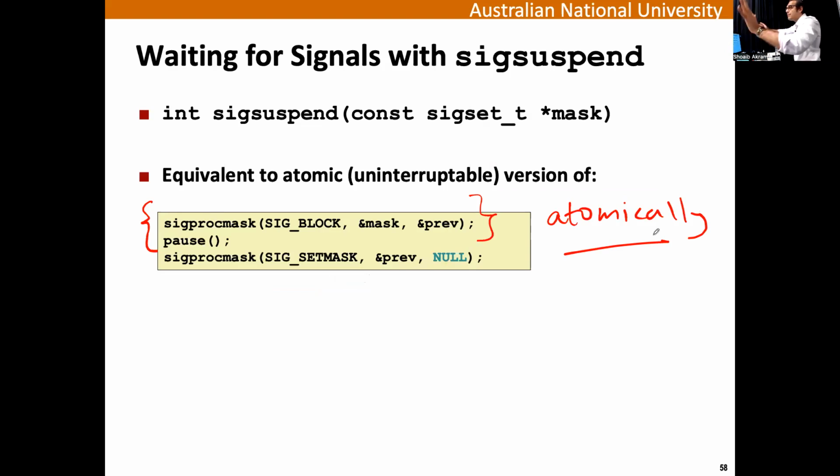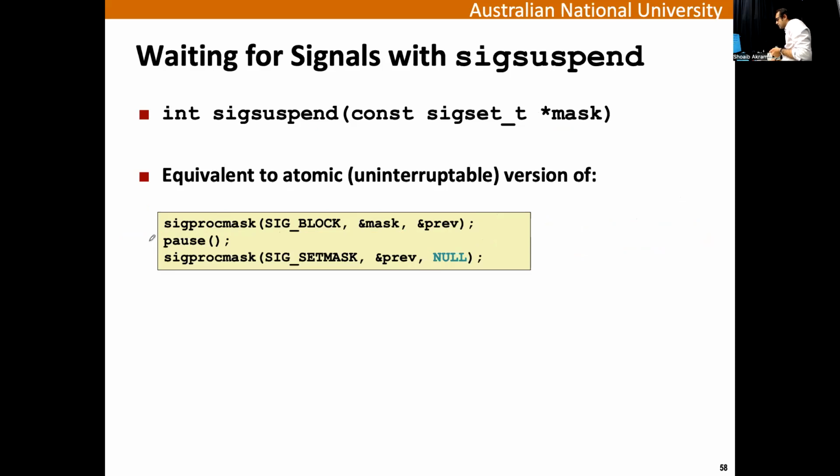How this is guaranteed by the kernel, how it is implemented, is not our concern. So there cannot be a signal or an interrupt between these 2 statements. So when you call sigsuspend, you provide a mask, and you block signals and you pause atomically.